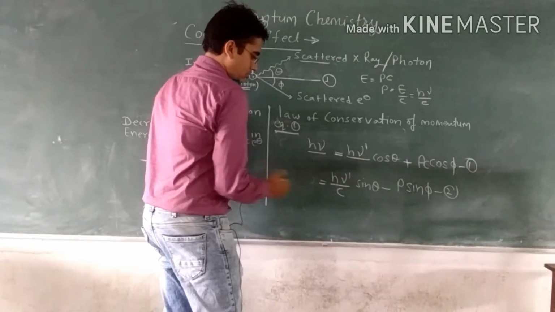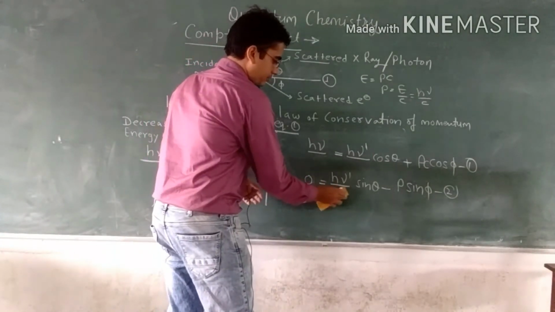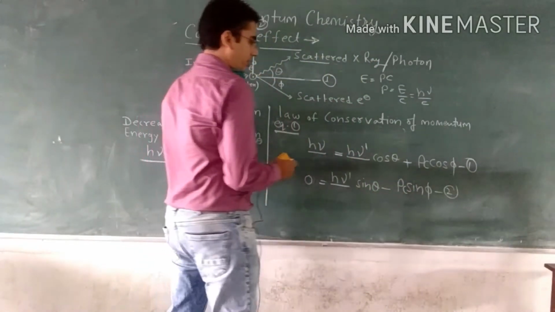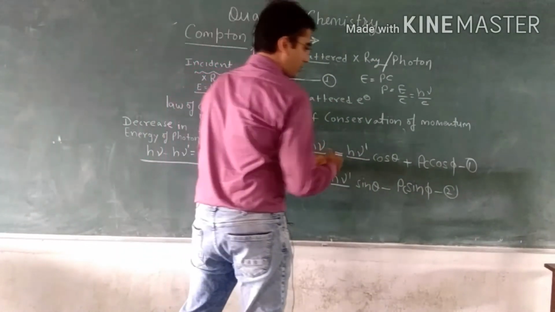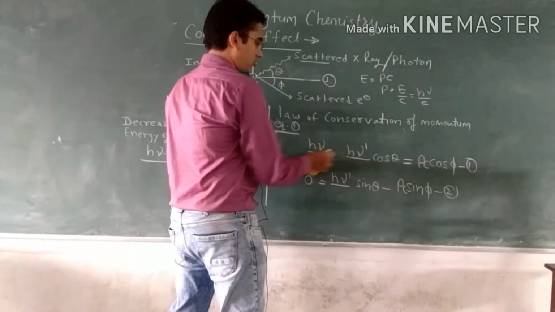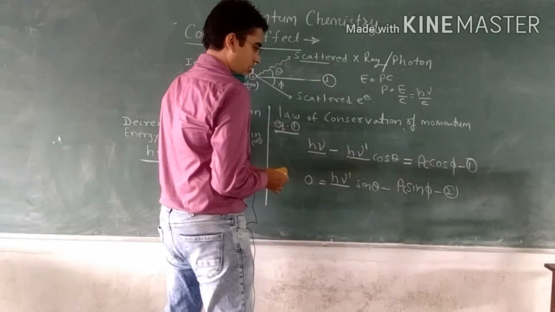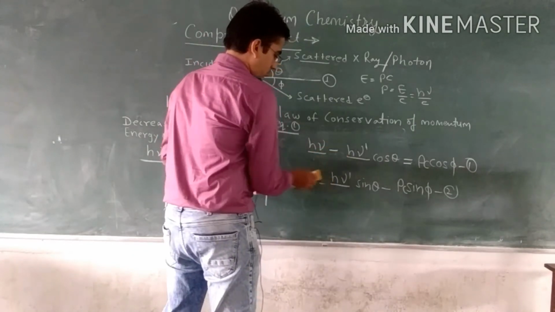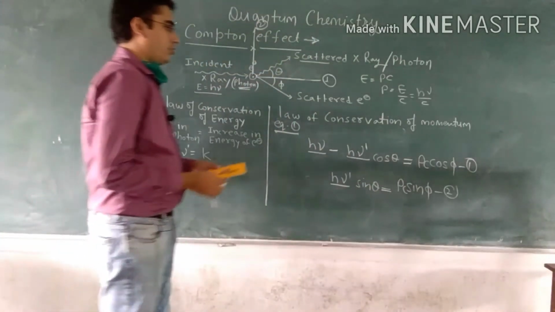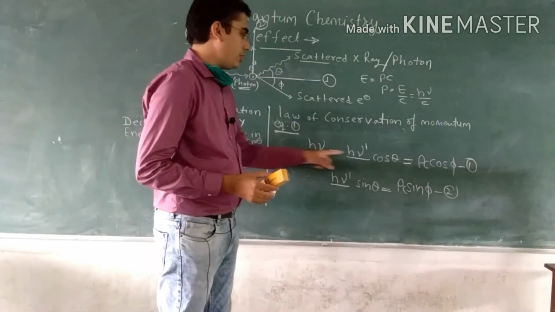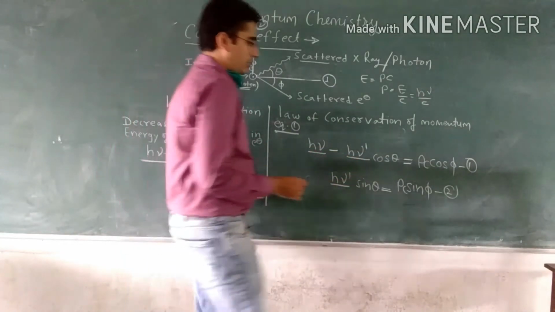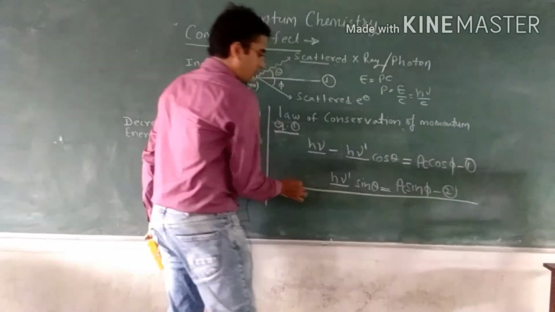Here c will cancel and c will come, and we rearrange them. Now we square equation first and second and add them, and the resultant equation will come.